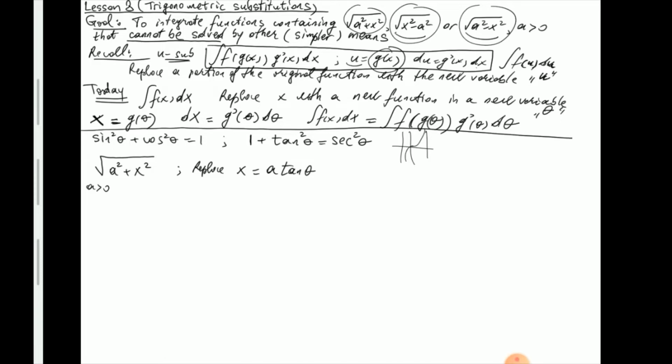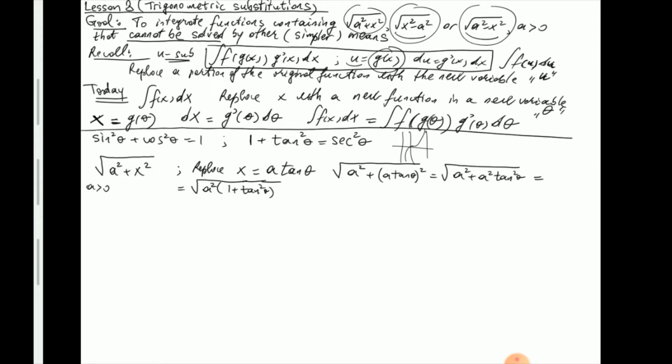So if I replace x with a tangent of theta, look what happens inside the square root. Let's do some little algebra here. I have a squared plus a tangent of theta quantity squared, so a squared plus a squared tangent squared theta. Inside the square root, I can pull out a squared.